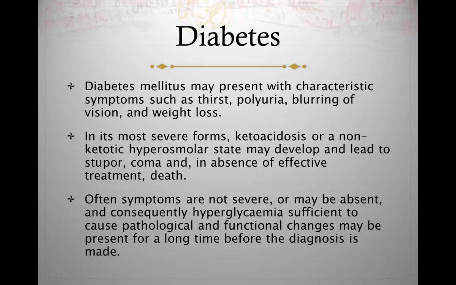If you recall, the signs and symptoms of hyperglycemia basically is this osmotic effect that glucose has on the tissue, producing the polyuria, the polydipsia, polyphagia, having weight loss due to high levels of catabolism, as well as the diplopia or blurred vision.